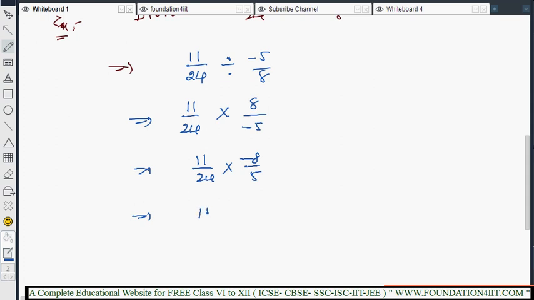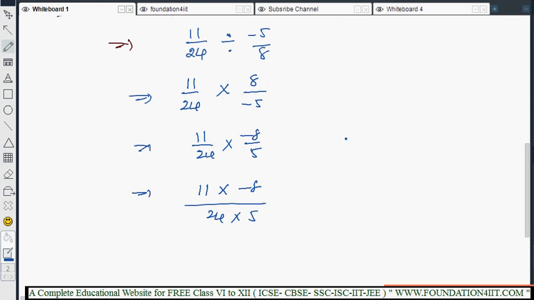Then normal multiplication, which we did in the previous topic: 11 into -8 by 24 into 5. If cancellation is possible, you can do it. 24 and 8 have 2 as a common factor: 2 12s are 24 and 2 4s are 8. Still 2 is a common factor: 2 6s are 12, 2 2s are 4.